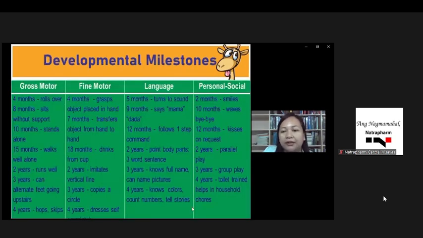So, according to the Philippine Society of Developmental Pediatrics, it recommends developmental surveillance should be done at every child visit or at specified ages such as 9 months, 18 months, and 30 months, and yearly thereafter.